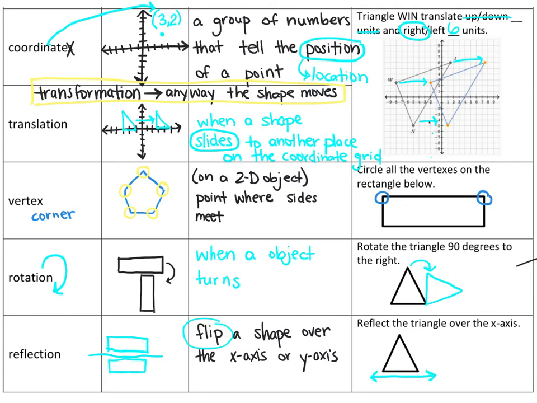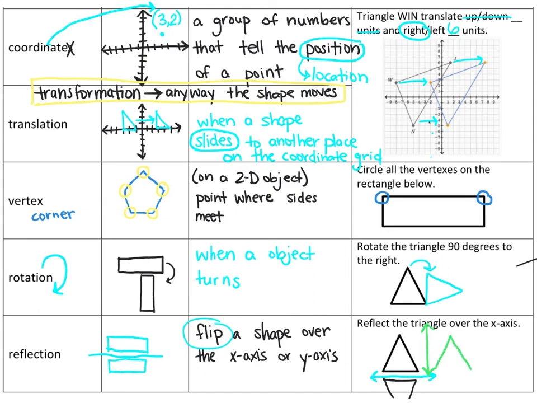So, if I reflect this triangle over the x-axis, which goes side to side, my triangle is going to be reflected over this axis, and I'm running out of room. But if I didn't run out of room, the triangle would be completed, and we would see that it's now flipped upside down. Okay, if I flipped it over the y-axis, which goes this way, then it would just be like a stamp.